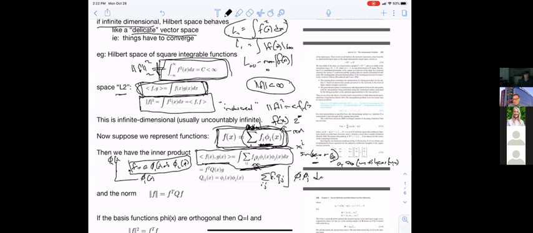And if you look at what this integral is, we're going to call these the elements q_ij. We'll just call each of those q_ij. And if we call each of those q_ij, then we can write this as a matrix Q.